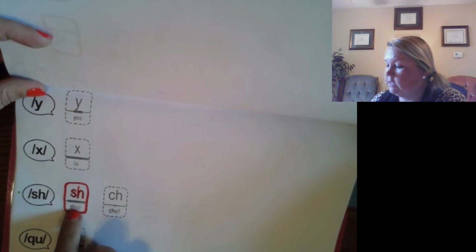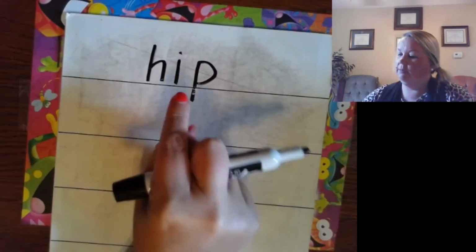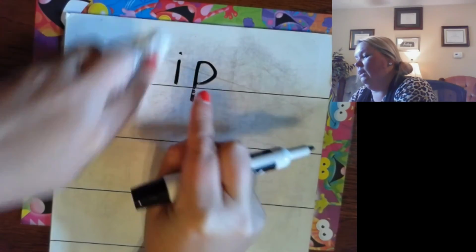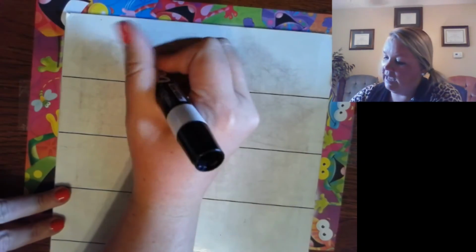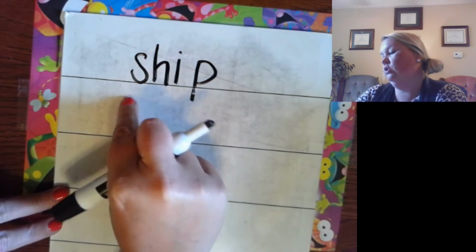There's another spelling too, but I remember that Miss Ashley told me I'm not going to be doing anything that I haven't already learned about. So it must be this spelling, SH. So I'm going to put my code chart away, and I'm going to come back and try to write the word ship. I know it's not this sound that it starts with. It's the SH sound. Ship.